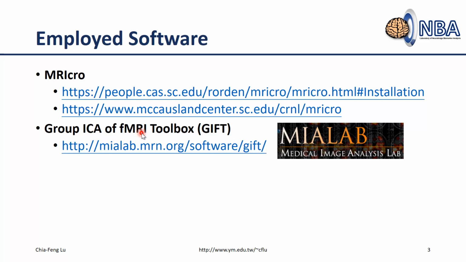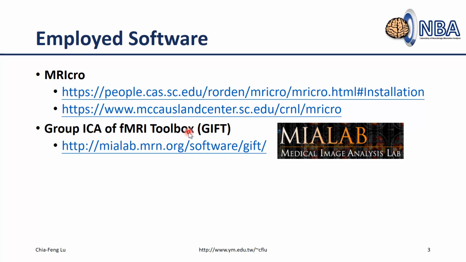The fMRI data can be either task-specific data or even resting state data. That would be fine because ICA is a data-driven approach. You don't really need a model to perform the analysis like the GLM. So you don't really need any prior information for your data set.